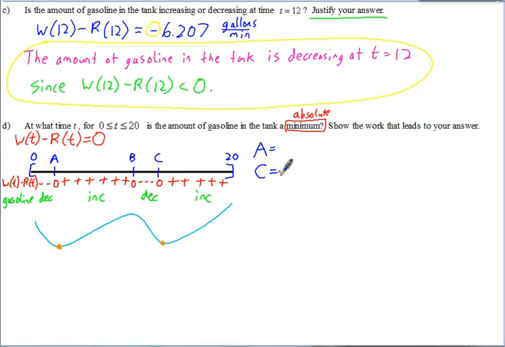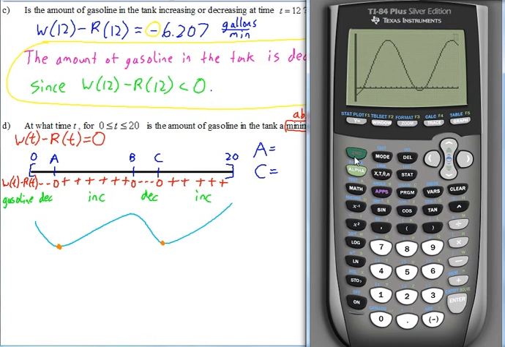So using our calculator, again we'll use the zeros function. Second calc, 2 zeros, left bound. If you don't want to keep holding on the left arrow here, you can just type in your guess. I'll type in 1 as my left bound, right bound over there, and then guess in between there.